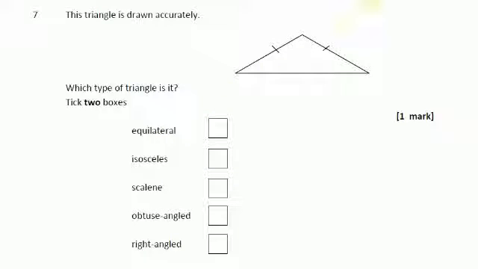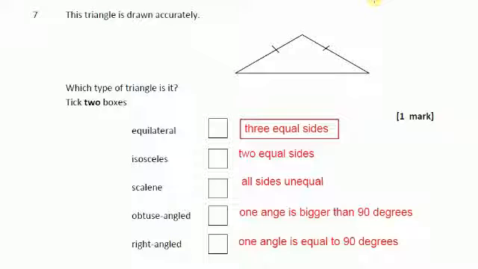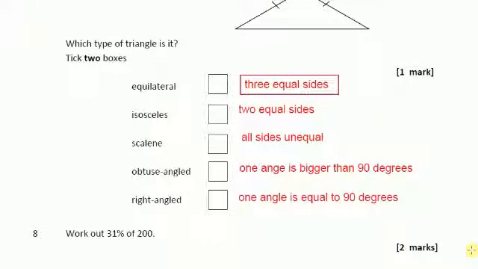Equilateral triangle has 3 equal sides. Isosceles has 2 equal sides. Scalene, all sides are unequal. Obtuse angled, one angle is bigger than 90 degrees, and right-angled, one angle is equal to 90 degrees.